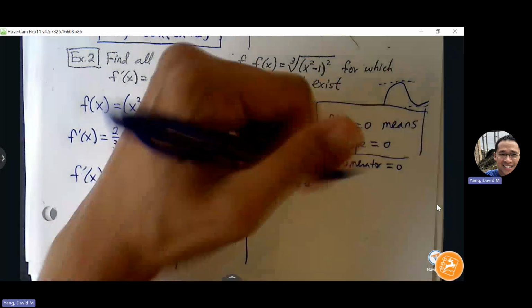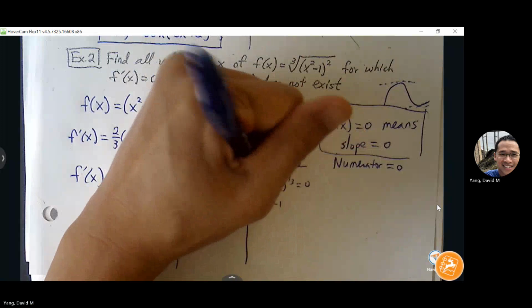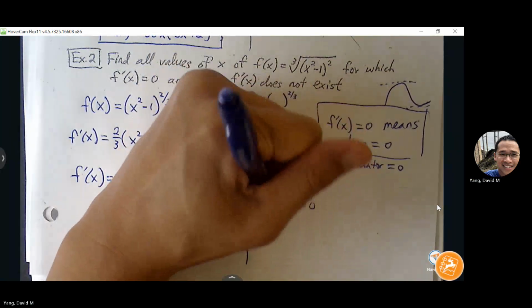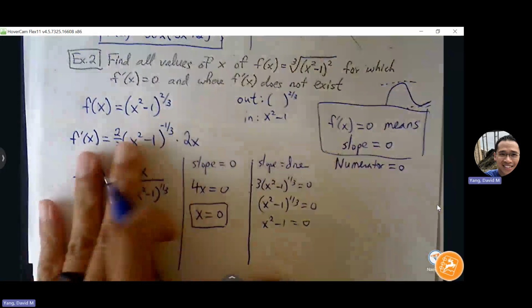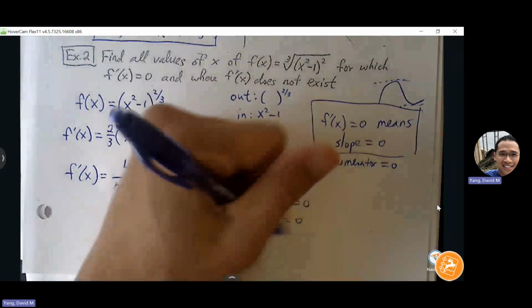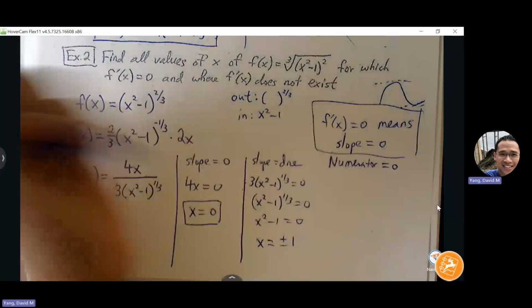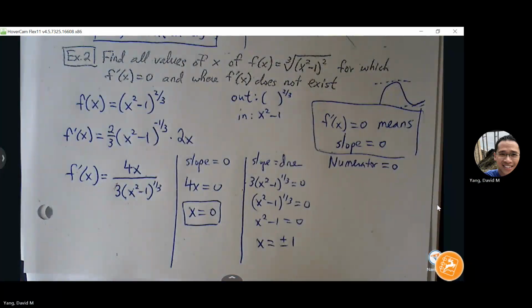For this one, I can divide by 3 and cube both sides. Basically, I can just get rid of all that. Divide by 3, cube both sides. Solve for x, I get plus or minus 1. So we have 2 locations where the graph is going to experience a slope undefined, 1 and -1.